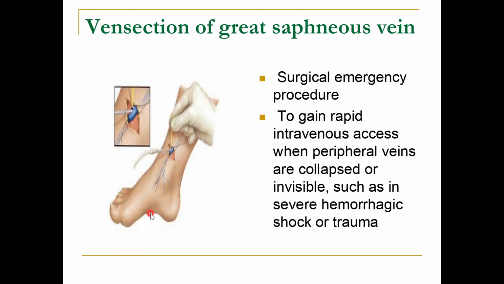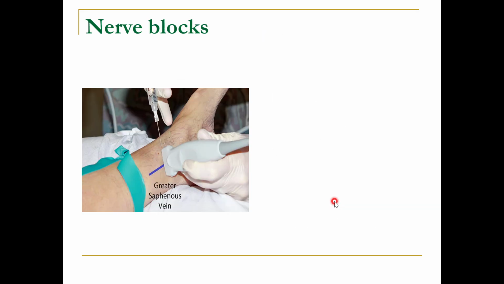Now the clinical importance of this relation is during surgical emergency procedures like venesection of great saphenous vein. This procedure is done to gain rapid intravenous access when the peripheral veins are collapsed or invisible, such as in severe hemorrhagic shock or in trauma.